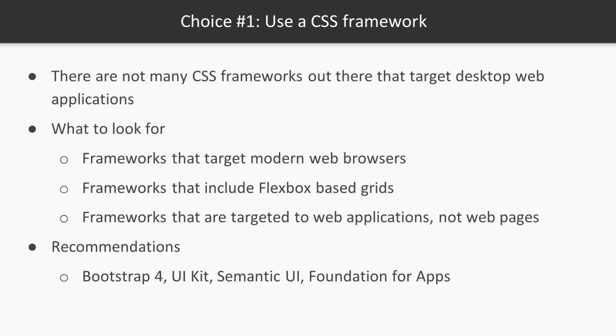Finally, make sure that the framework you choose targets web applications and not web pages, since we don't want our desktop application to look like a document. I personally recommend going for Bootstrap 4, UIKit, Semantic UI, or Foundation for apps. Keep in mind that no matter which framework you choose, you will have to do some tweaking on top to really bring a desktop look and feel to the application.